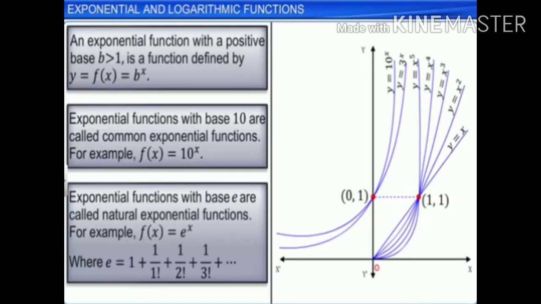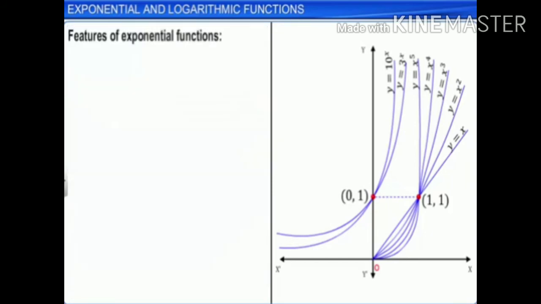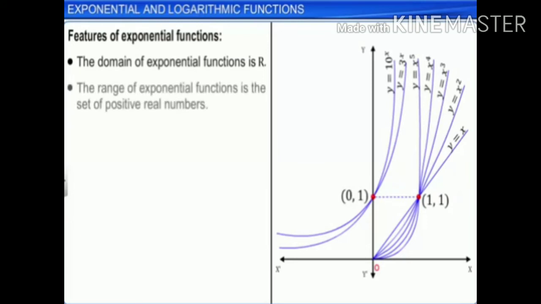Do make a note of some features of exponential functions. The domain of exponential functions is the set of all real numbers. The range of exponential functions is the set of all positive real numbers. Graphs of exponential functions always grow upwards as we move from left to right on the x-axis.